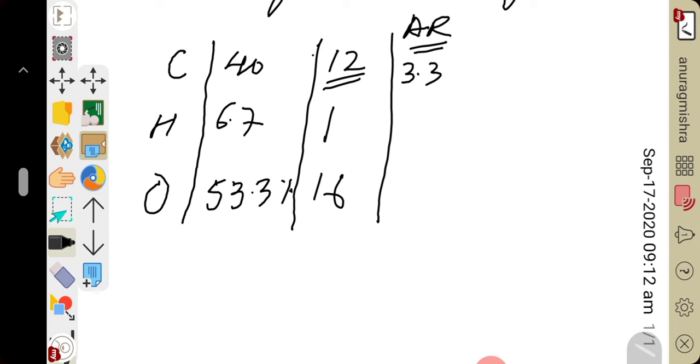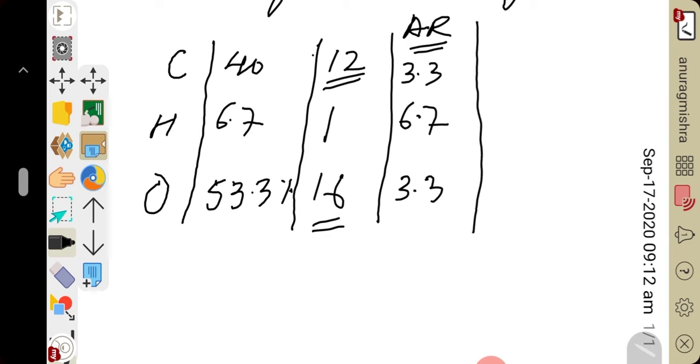Calculation you can do on your own. For hydrogen, atomic ratio 6.7 by 1 means the same 6.7. And for oxygen, atomic ratio 53.3 will be divided by 16 and you will get approximately 3.3. We got the atomic ratio.